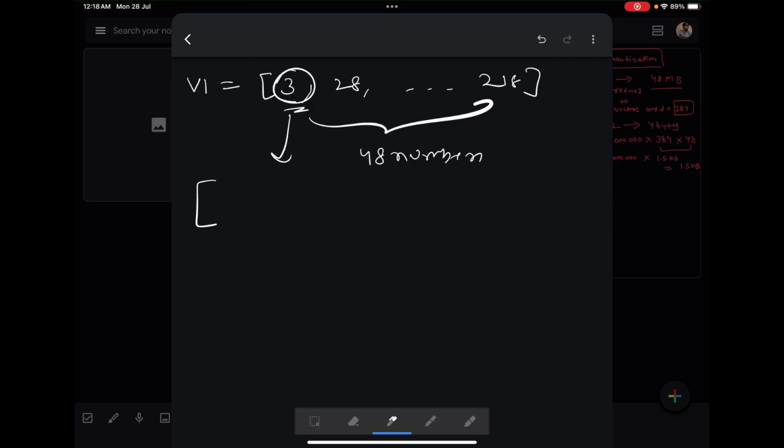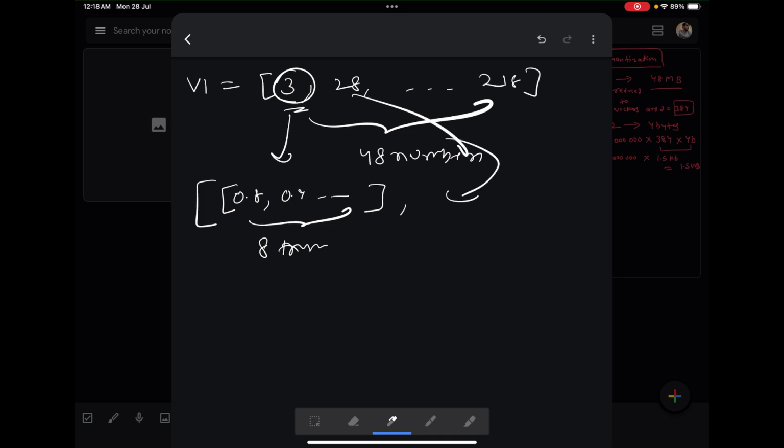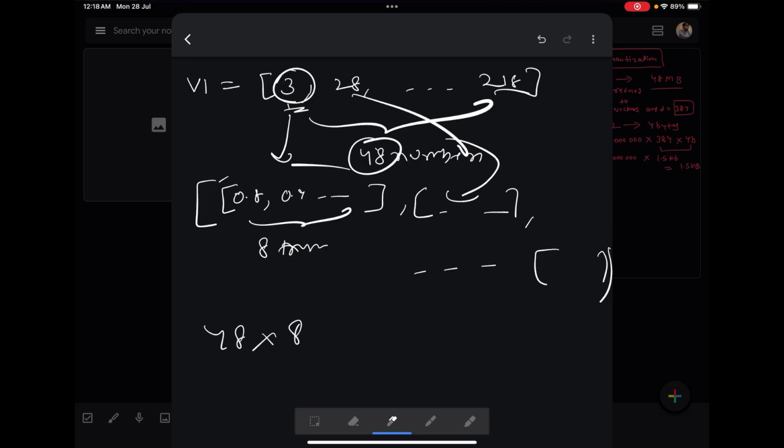What goes in place of this is a centroid vector, which will have some sort of entries, maybe 0.8, 0.9, so on up to 8 numbers. Similarly, 28 will give me one more 8 dimension vector up to 218. So what we'll have is, I have got 48 numbers. Each number will give me this centroid, which has got 8, and the original dimension will be derived. So this is how we take our transformed vector and get the original dimensions.